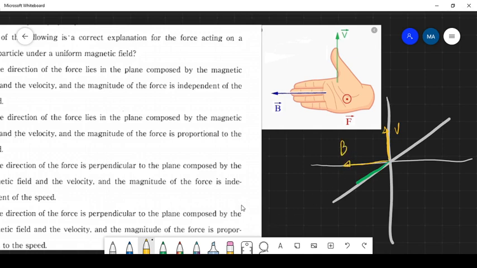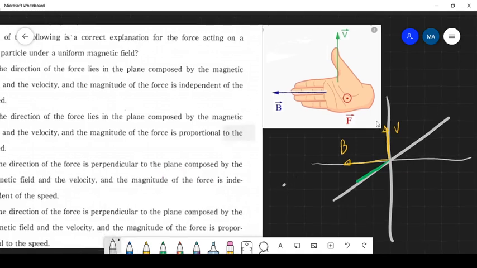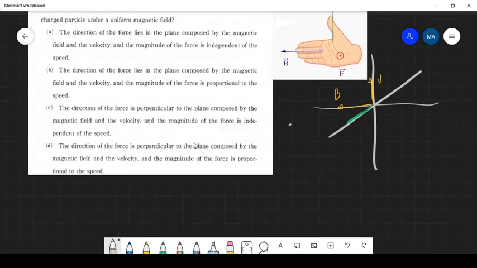Notice, even in the formula, what is the formula for the magnetic force? Do you remember it? The magnetic force is equal to qvB, but there is a sine of theta over here. Why? Because you only want the component that is perpendicular to the magnetic field.